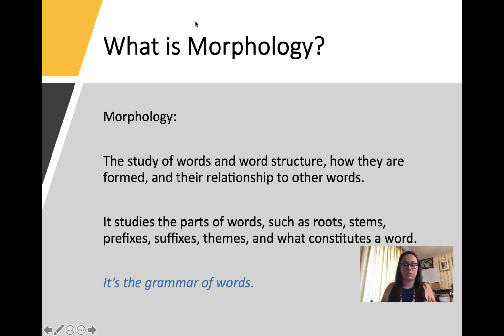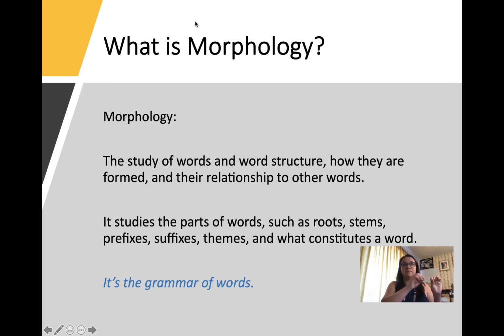Well, those can be things such as prefixes, which attach before roots, which come before roots in the word. Suffixes, which come after roots or stems. I'm going to throw this word out there, themes.